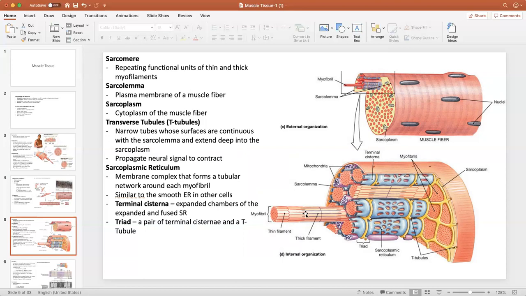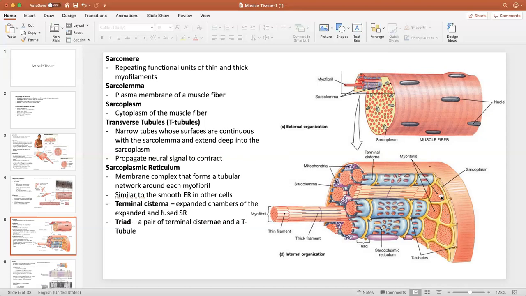We have thin and thick filaments that we'll look at, but each muscle fiber has a sarcolemma, which is like the cell membrane, and the sarcoplasm is like the cytoplasm within the cell.